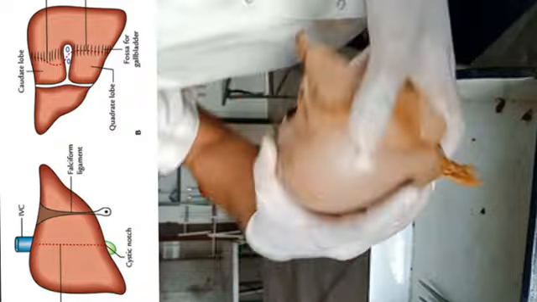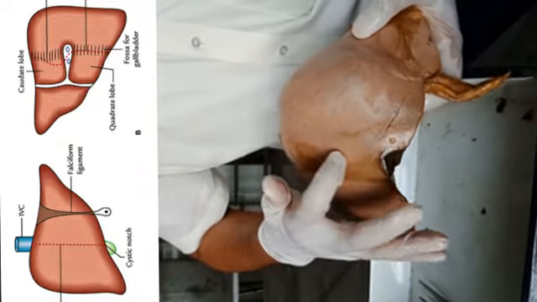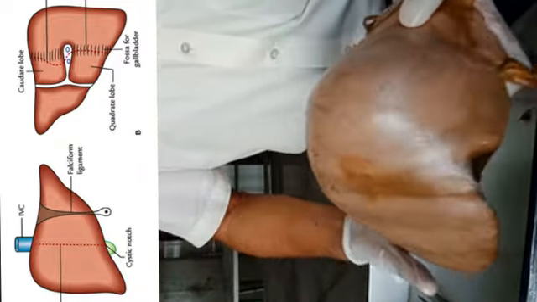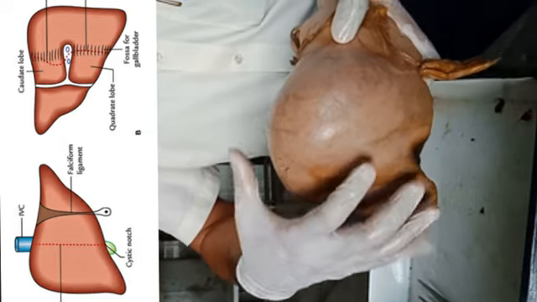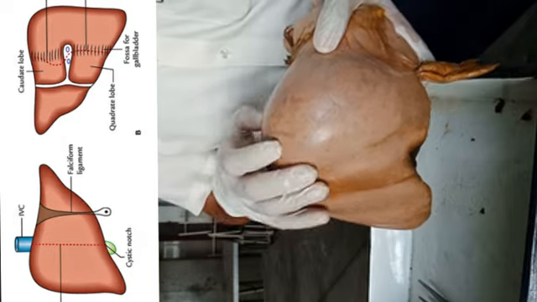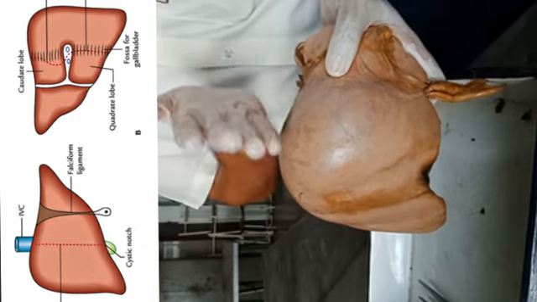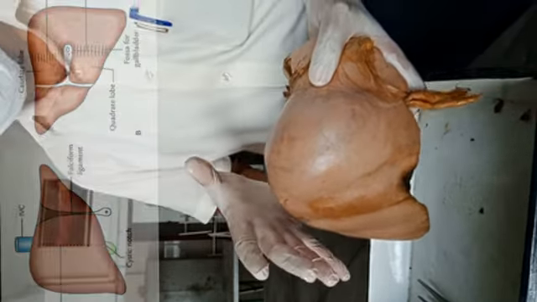If I divide in this way, through the cystic notch, that is actually the physiological division of the liver. It makes the physiological right lobe and physiological left lobe, so they are almost equal.